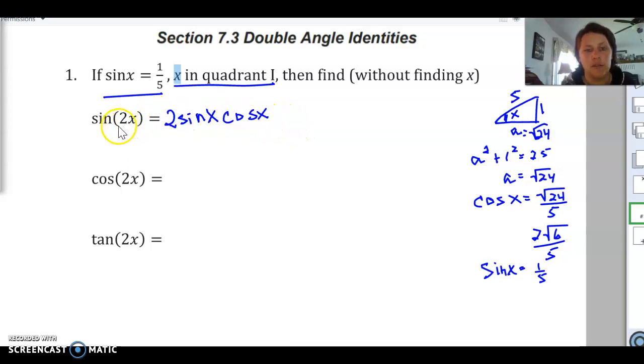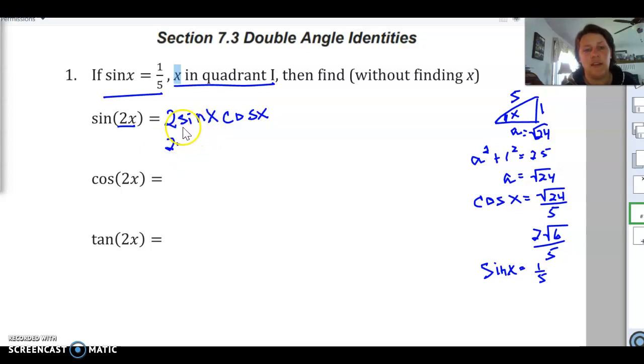Also notice that we have the sine of 2x here, but when we come over to the right hand side, that becomes just x. So it is very important to know that we are not using the same angle anymore. That's a double angle identity. It means that we're going from a double angle here to a single angle over here. All right, so 2 is going to stay 2.